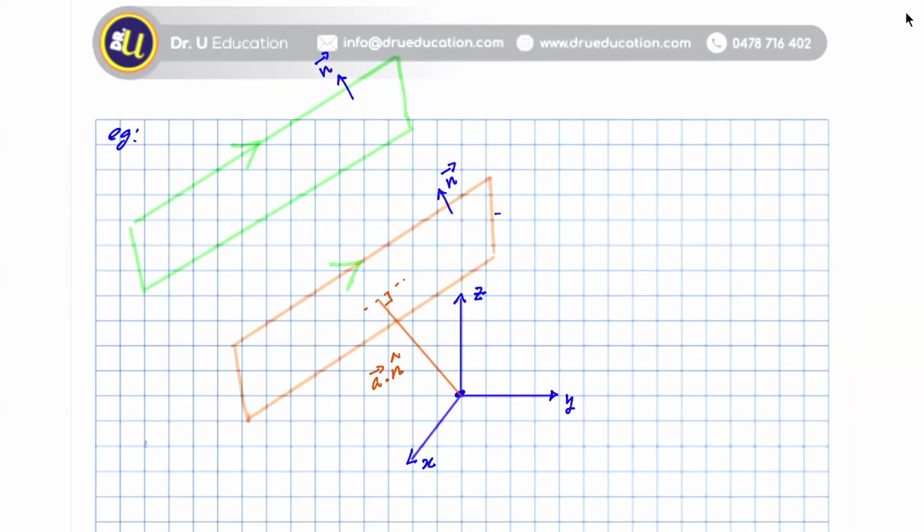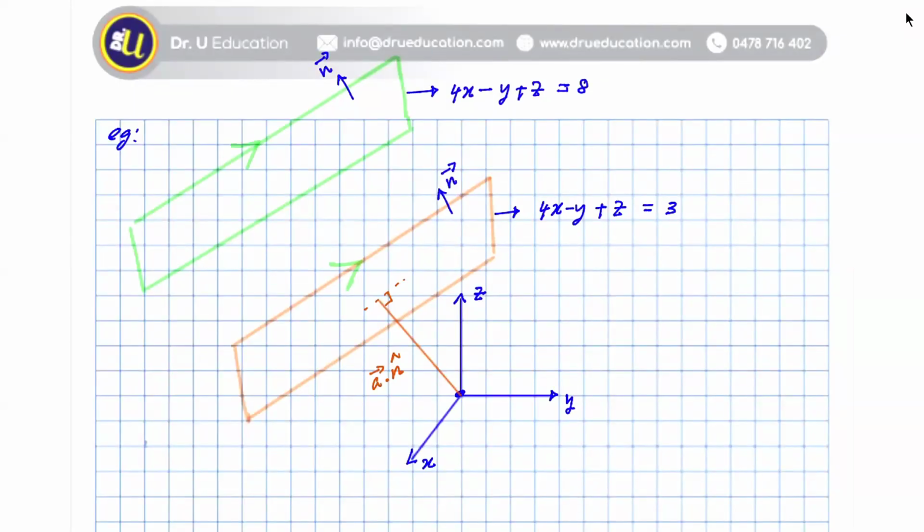I'm going to take this equation to be 4x minus y plus z is equal to 3. I'm going to get this one to be 4x minus y plus z to be 8.